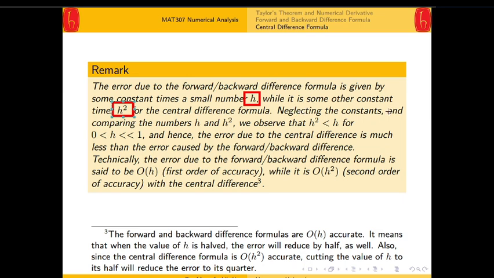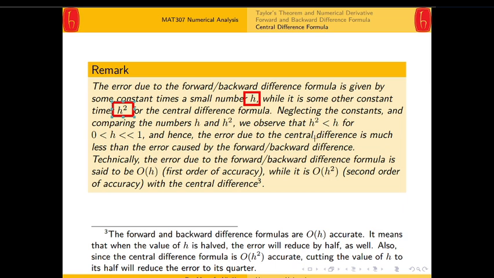If we neglect the constants and compare the numbers h and h squared, we observe that h squared is less than h for any number h between 0 and 1 and close to 0. So if we choose h to be close to 0, then this means h squared is much less than h.